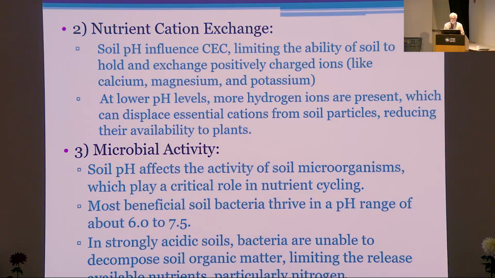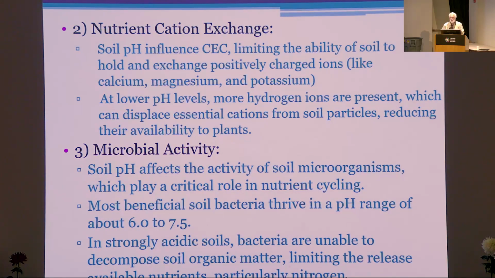The nutrient exchange capacity. Remember that ability of plant roots to grab on to the nutrients that are on those clay particles and humus particles. Basically, the soil pH can influence the composition of minerals on those clay and humus particles. In highly acidic soils, and what pH means is potential hydrogen, so if there's a lot more potential hydrogen available in acidic soils, those negative charges on the clay particle become more hydrogen particles and less minerals.